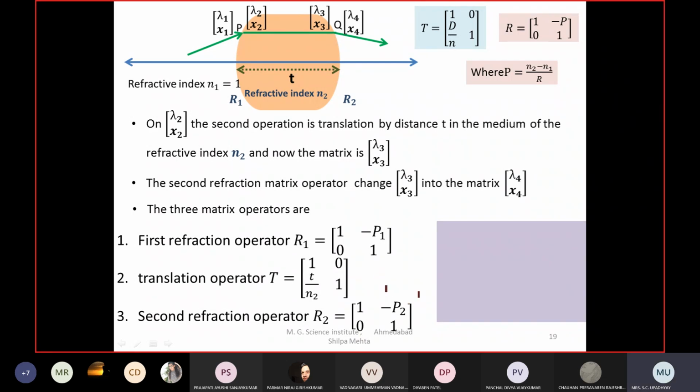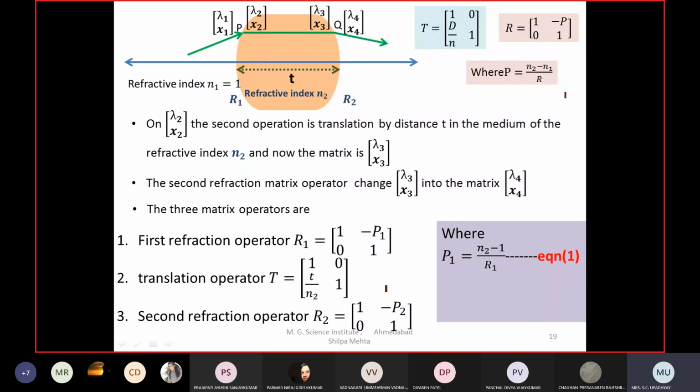Where P1 and P2 are defined like this. P1 is equal to n2 minus n1 upon R. So for us, how much is P1? How much is P1 for this refraction? Refraction takes place at this position. n2 is the second medium. n2 minus 1 upon R1. Right. P1 is equal to n2 minus 1 upon R1.